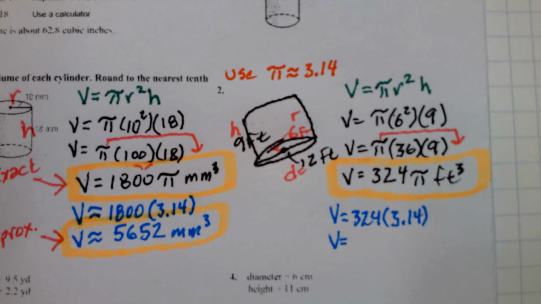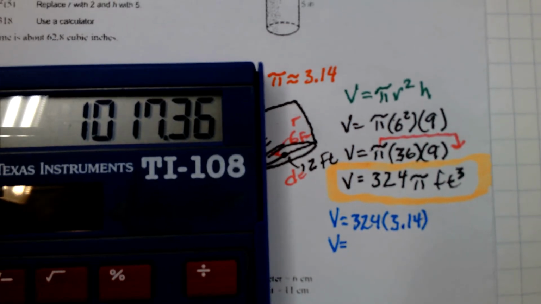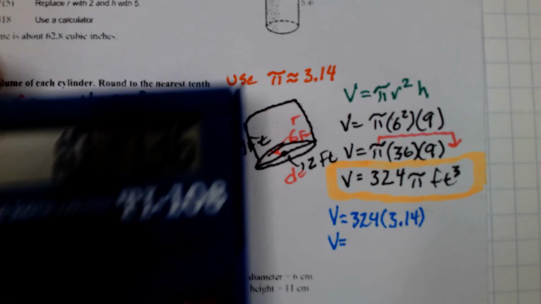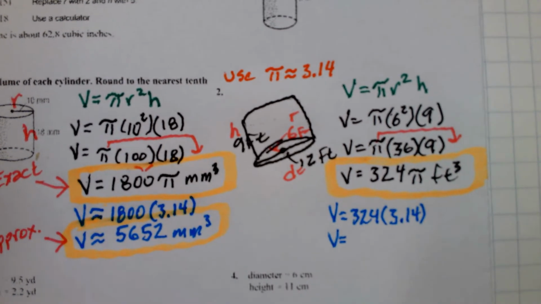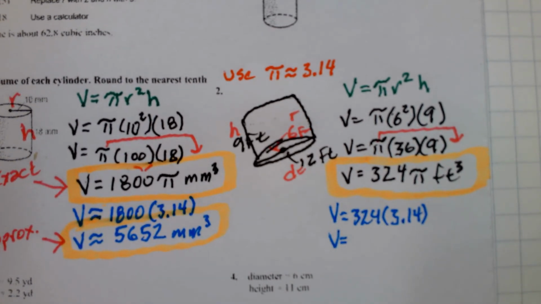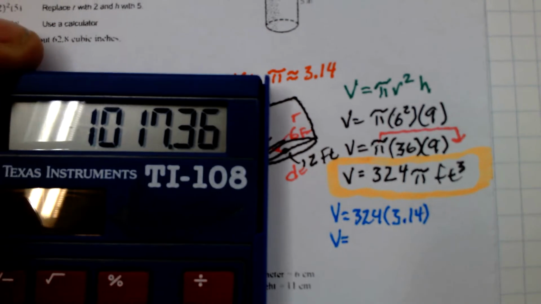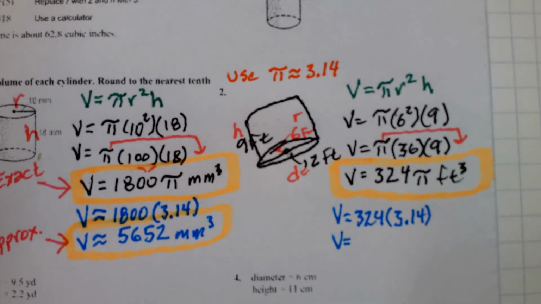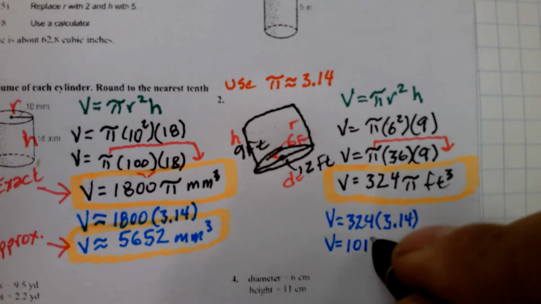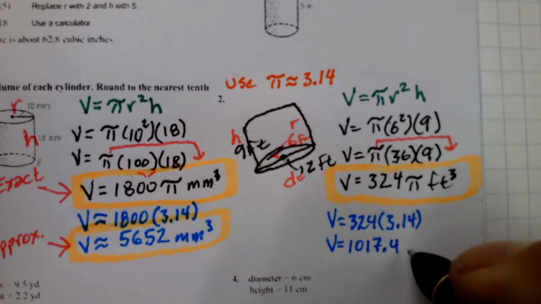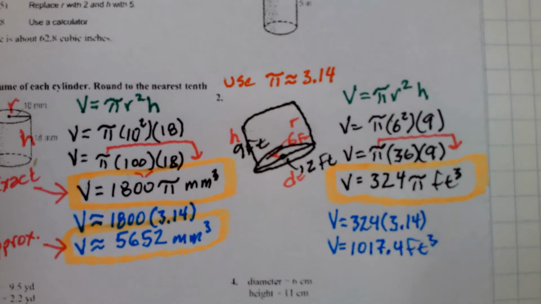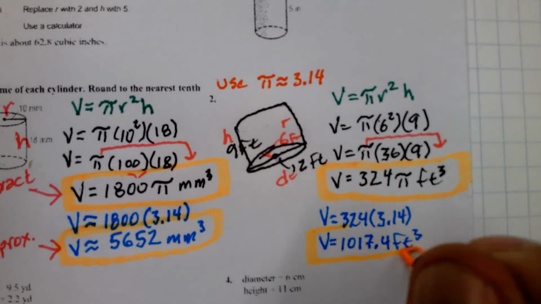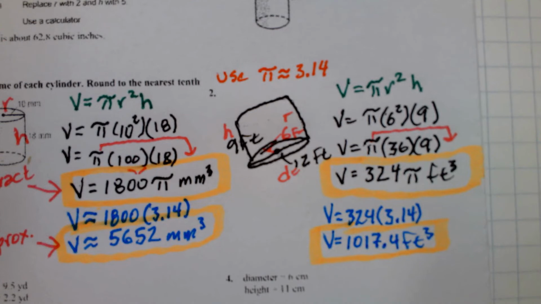Oops, I think I missed. Did anyone get this answer? 1017.36. It did say to round it to the nearest tenth, right? So let's make it 1017.4. And this is cubic feet.